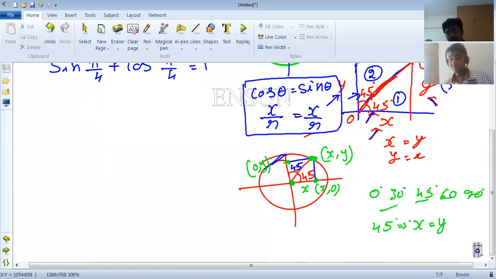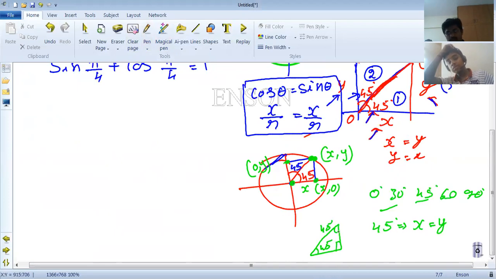Why? Because when 45 degrees is possible in a triangle, in the sense it must ensure an isosceles triangle. Correct or wrong? Yes. See, this is 90 as per the given problem only. Because it is a right angle triangle. And this is 45, in the sense this must and should be 45 or not.